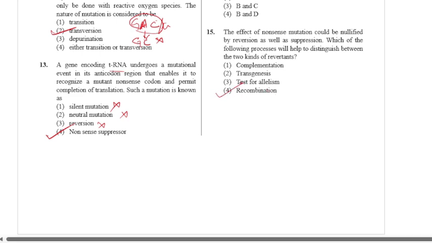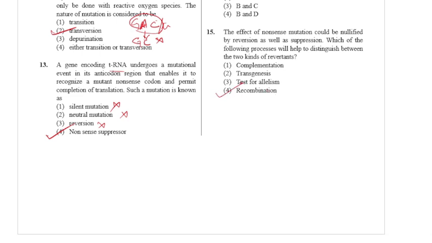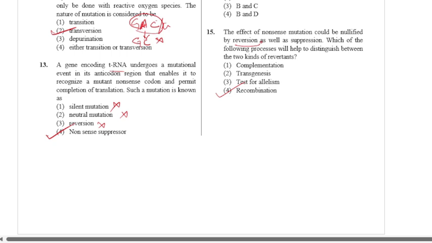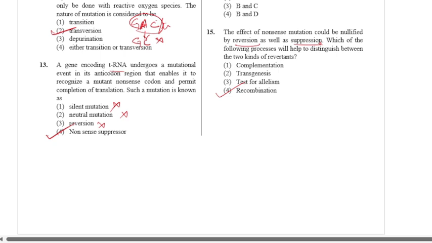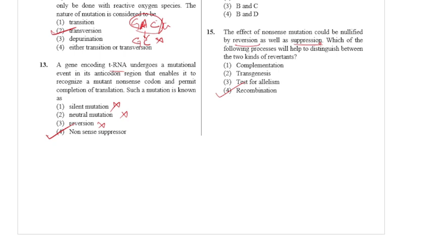Recombination is the most perfect way to do this, because if we have reversion, the original sequence is back. But if we have suppression, the original form is not back, but we are suppressing it by another mutation in another gene.